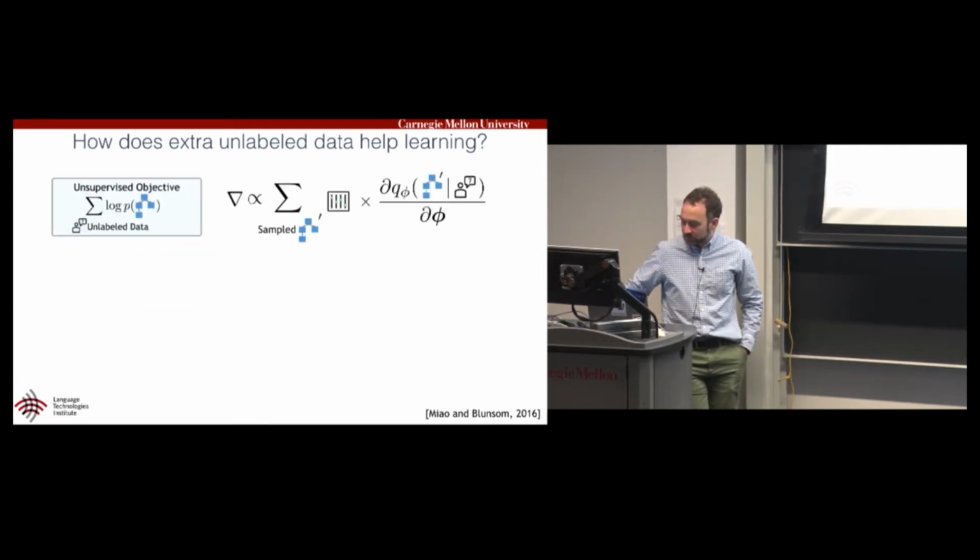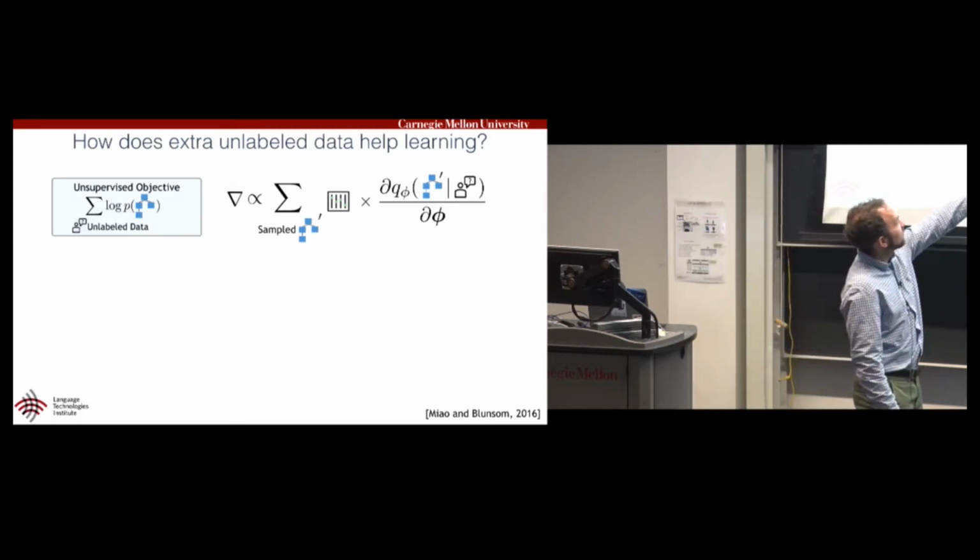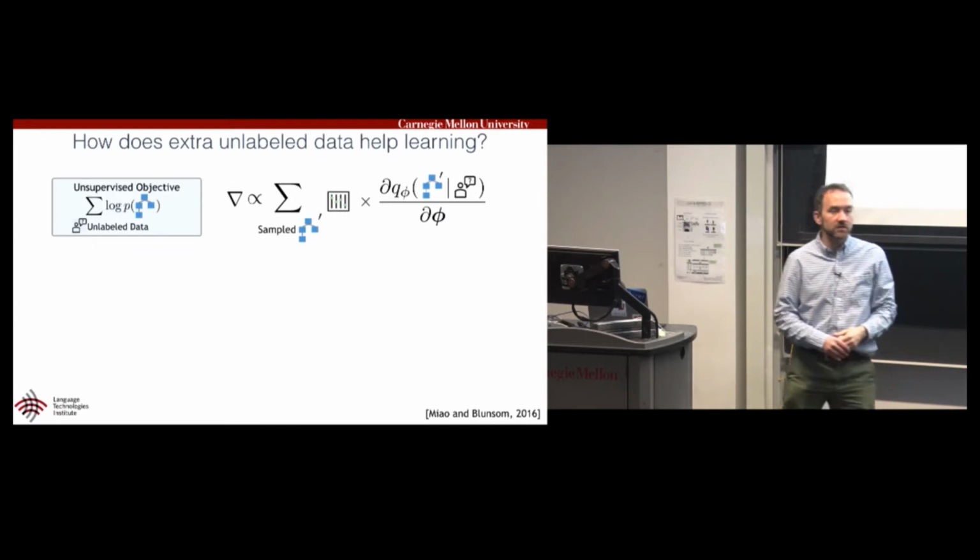But in the unsupervised case, we have a sampled tree, and the derivative is the derivative of the sampled tree multiplied by some learning signal.